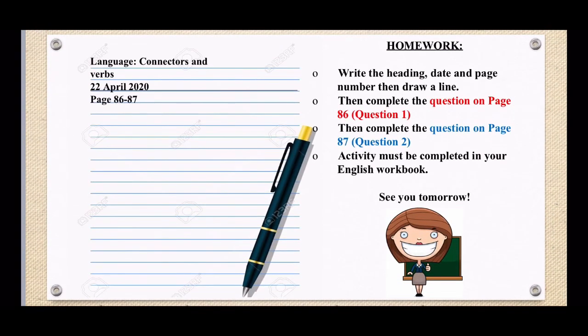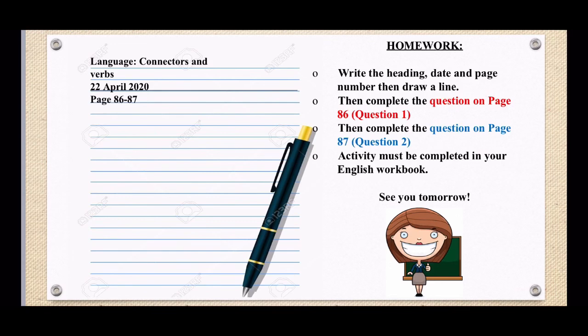Okay, for homework, I would like you to please write the heading, date and page number, then draw a line. I forgot to add in here, but you need to copy all the slides where I indicated to copy. First write down the definition of the continuous tenses and examples, and then complete question 1 on page 86, and then complete question 2 on page 87.